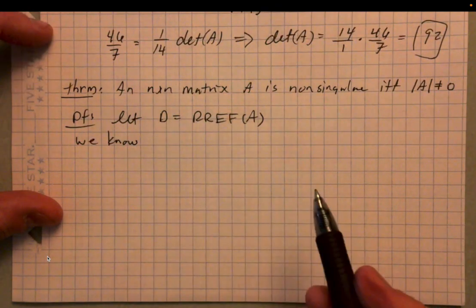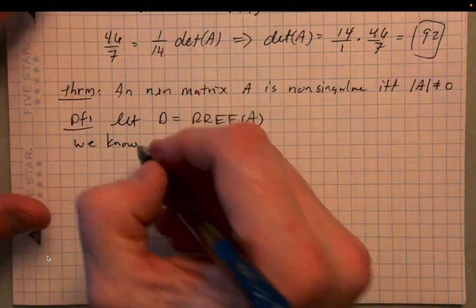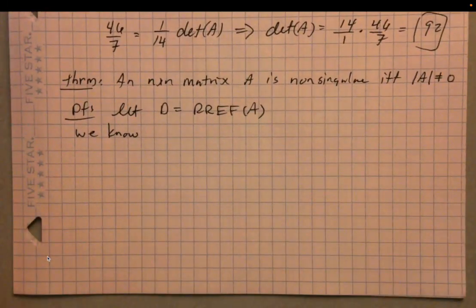Okay. And so a key thing here to note is that we know that row operations cannot convert a matrix with non-zero determinant to a matrix with 0 determinant. Right, so I'm going to state that. That kind of falls out of the previous theorem.